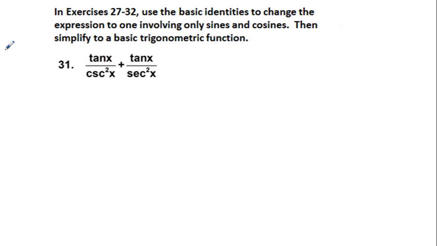Okay, next odd number problem, which is 31. We have tangent x over cosecant squared x plus tangent x over secant squared x. And for this, we're going to use a common factor between these two terms, and that would be tangent x. So we pull out the tangent x.